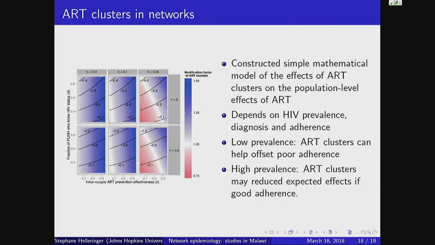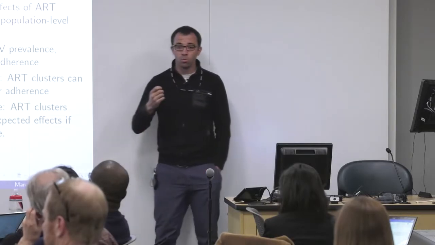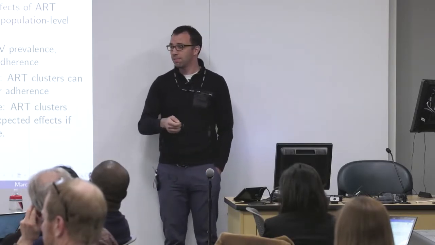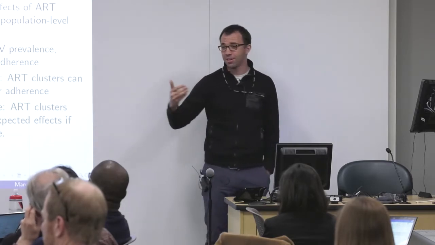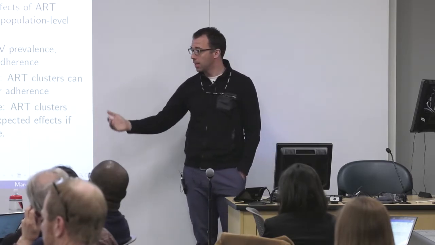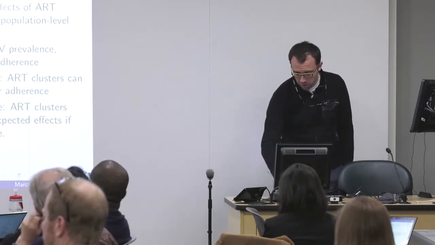But in high prevalence contexts, on the other hand, those ART clusters may reduce the expected effects of ART, especially if there's very good adherence, because in those contexts, you want those individuals who are less infective to get in the middle of sexual networks so they can break chains of transmission. And that's an effect that you would not get if they mix among each other.